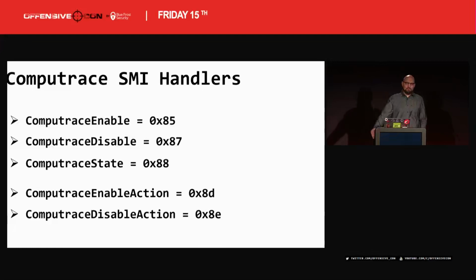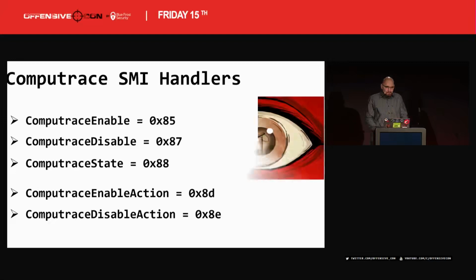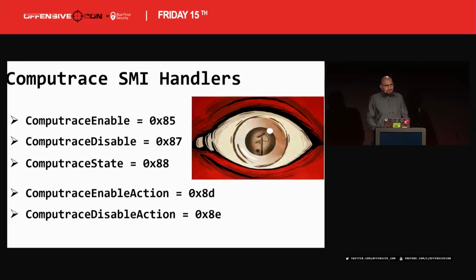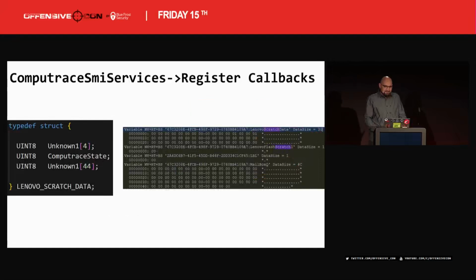You have CompuTrace enable and disable, and to understand what configuration you currently have, you call CompuTrace state. You also need to call the CompuTrace enable or disable action from the Windows Management Interface. That's interesting information to think about. Maybe you need to just switch your lovely keyboard from a Lenovo laptop to something else. But let's dig into CompuTrace services.